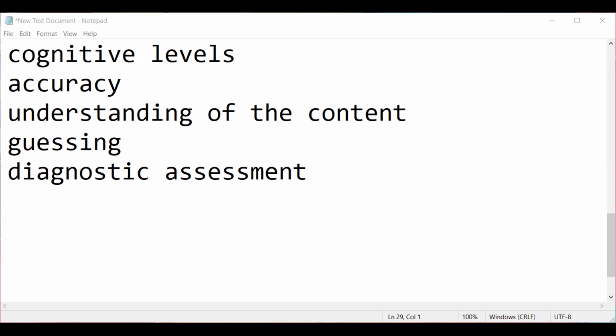Okay, factual knowledge. Why we use factual knowledge? If you observe the verbs, we are using what, define, write, list, and etc. So this factual knowledge helps the student to initiate interest in the subject.